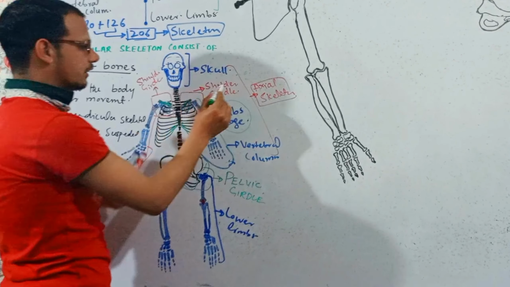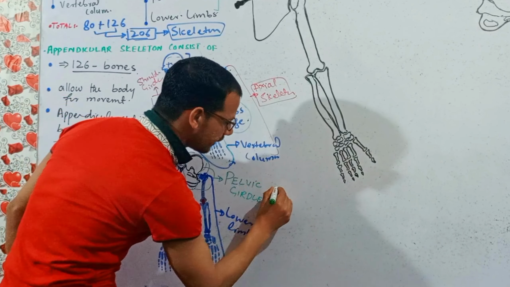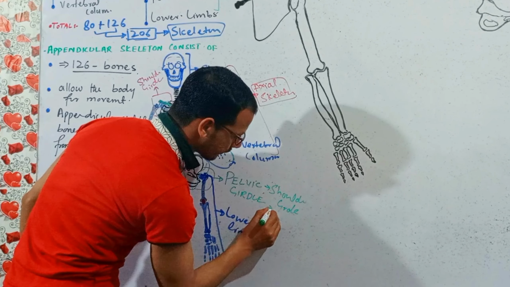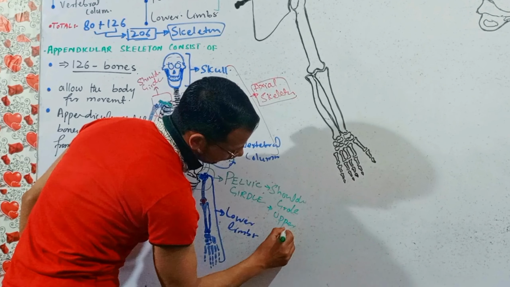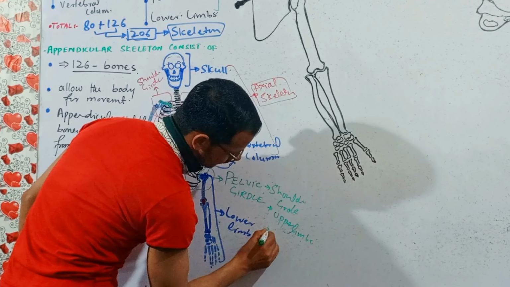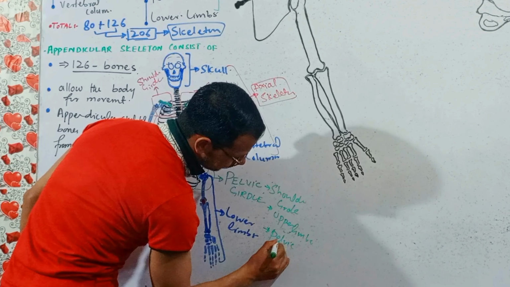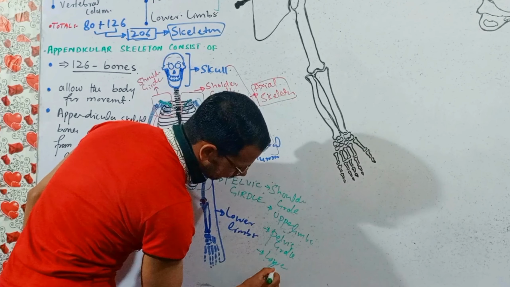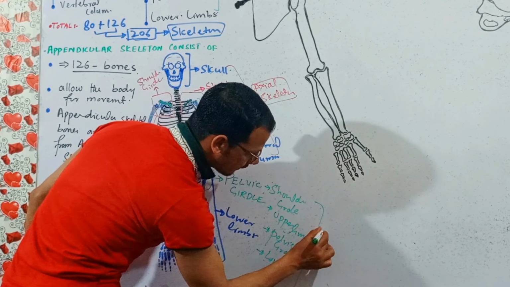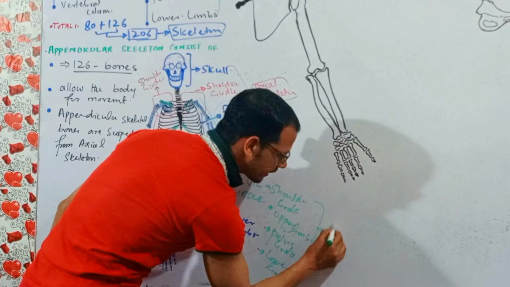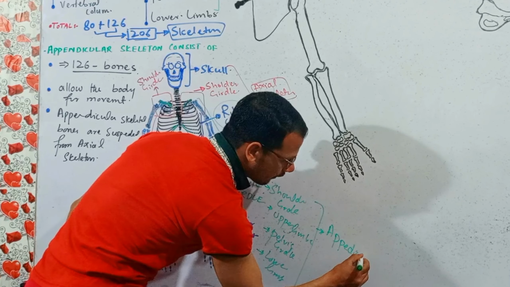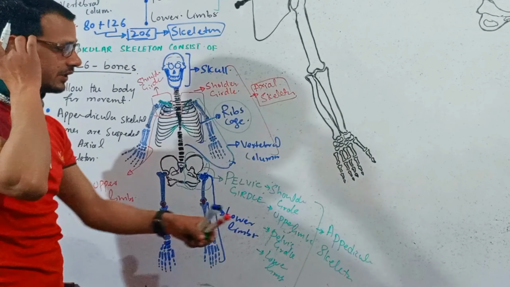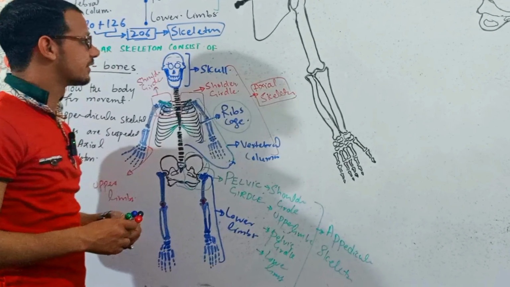So the shoulder girdle, the upper limbs, the pelvic girdle, and the lower limbs form the appendicular skeleton. These are the parts of the appendicular skeleton, and all of these have 126 bones, right?